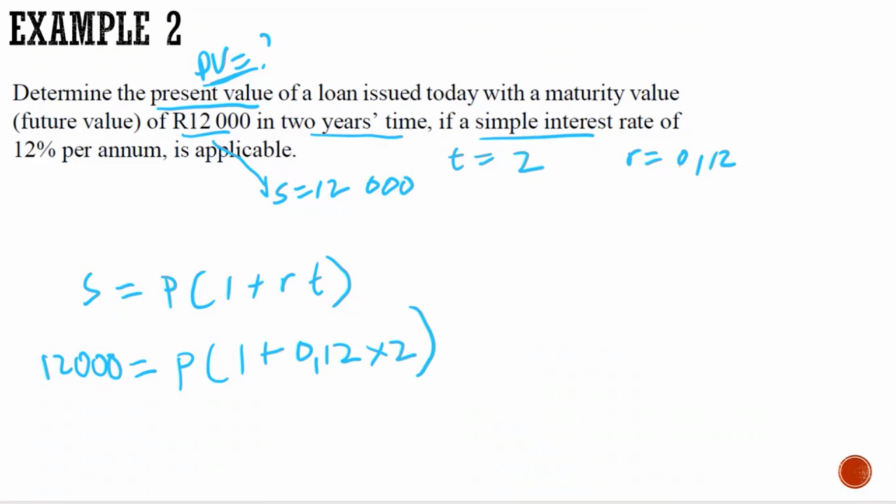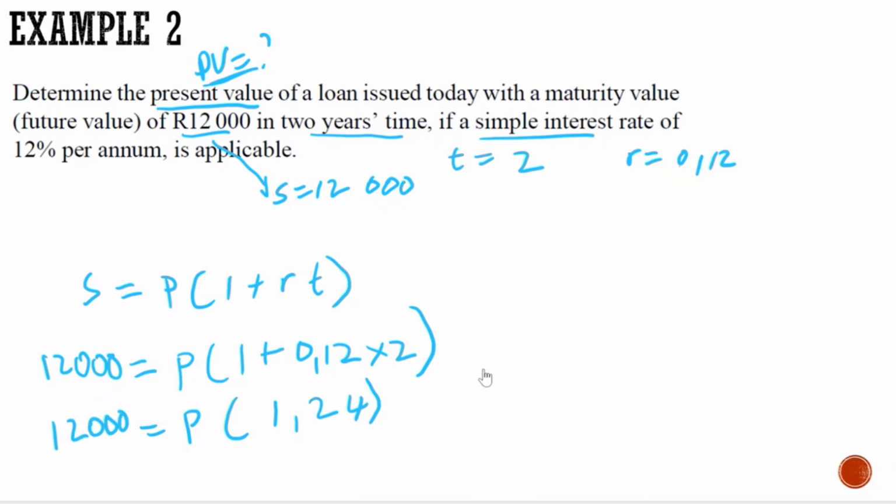Okay, so what you would do here, you're going to have your P, take your calculator, you multiply 0,12 by 2, plus 1, you will get an answer of 1,24, which is equal to 12,000.